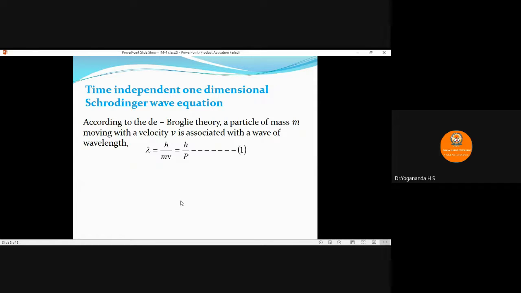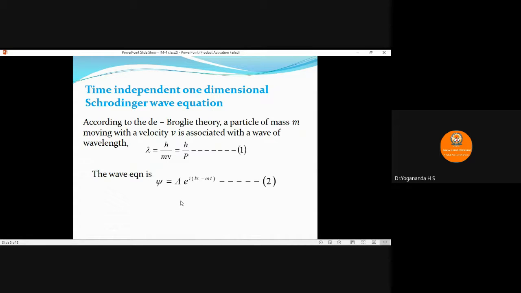Since the wave is associated with the moving particle, we call this a de Broglie wave. The wavelength associated with the wave is the de Broglie wavelength, given by lambda equals h divided by p, or lambda equals h divided by m into v, where p is the momentum, m is the mass, v is the velocity, and h is Planck's constant.